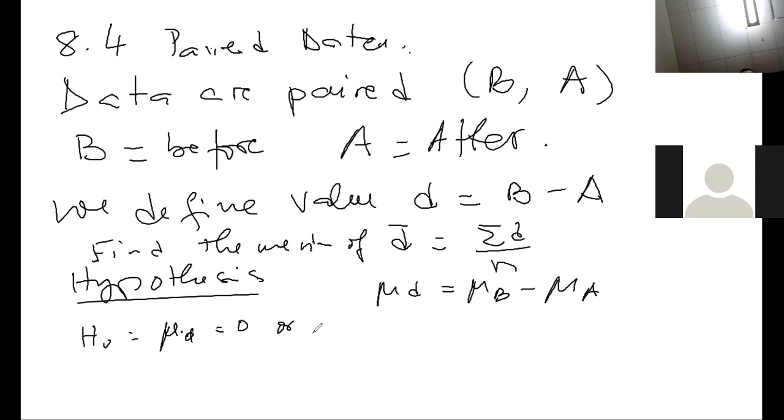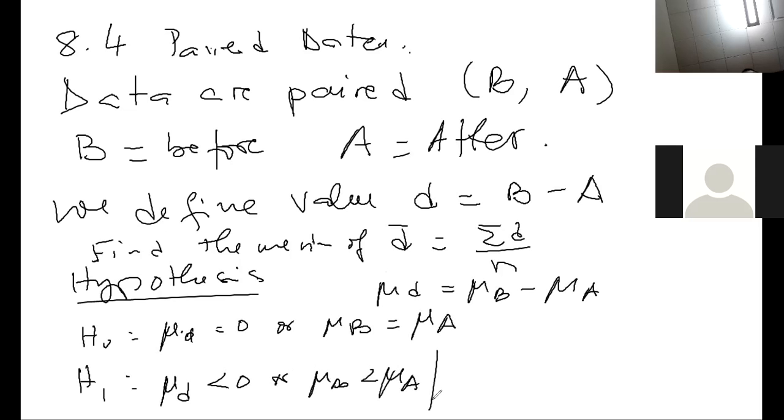Either you say mu D equals 0 or you say mu before equals mu after. H1 for a left tail will be mu D is less than 0, or mu B is less than mu A. For a right tail, mu D is greater than 0, or for a two tail, mu D is different from 0.